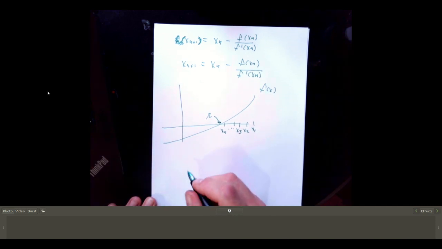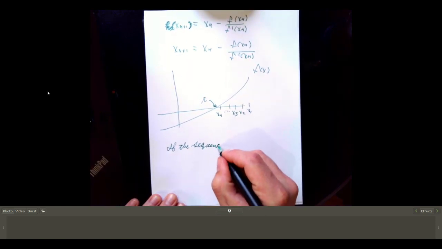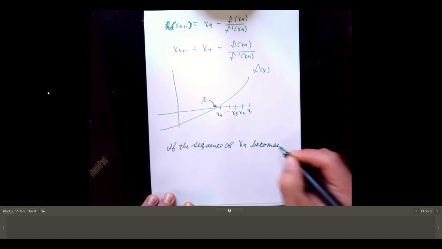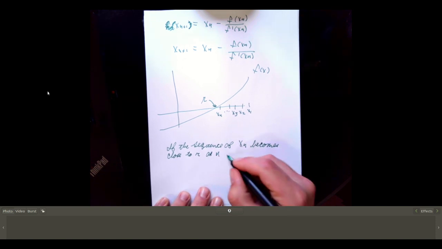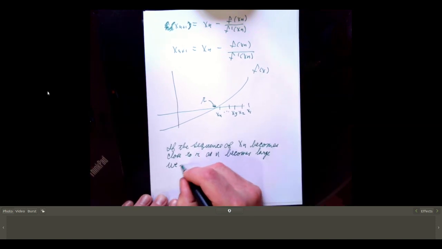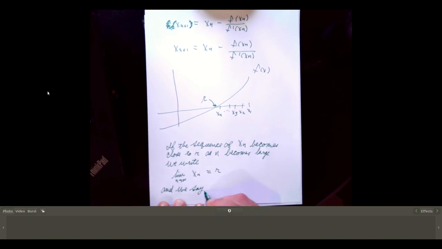We say if the sequence of x sub n becomes close to r as n becomes large, we write the limit as n goes off to infinity of x sub n is equal to r, and we say that the sequence converges.